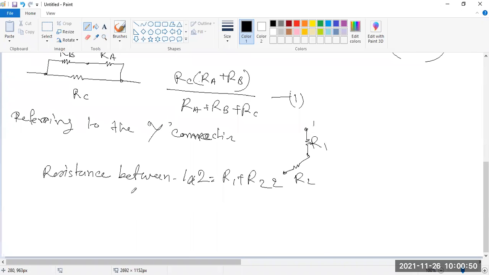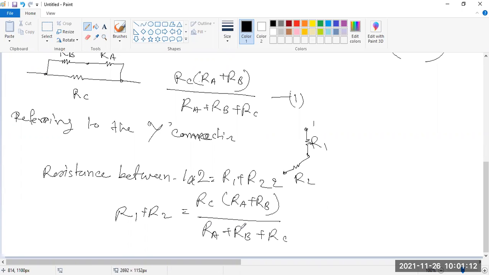If the potential or nodes are equal, then we can say that R1 plus R2 equals RC into RA plus RB divided by RA plus RB plus RC.